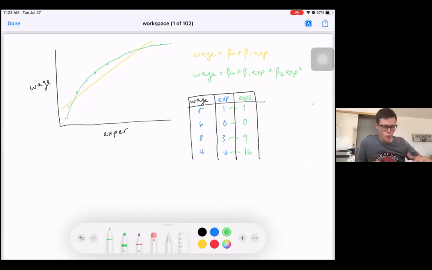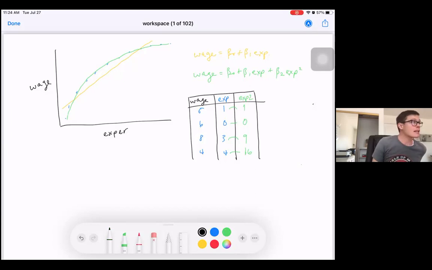Okay, then the one right after that one also, only about half got right. It was, how do we calculate the effect of additional experience? And the answer was to take the derivative of the regression equation with respect to experience.